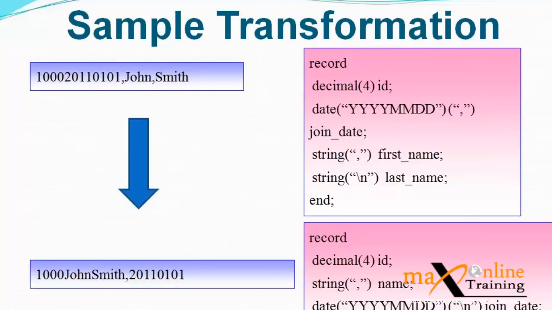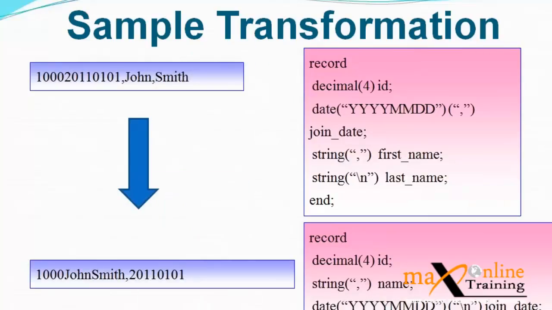We have an ID column with 4 digits, a date column specifying the date format, and then first name and last name columns. But in the output I want the first name and last name columns to be concatenated and brought next to the ID column, and the joining date column is sent to the last. So this is a simple kind of transformation.